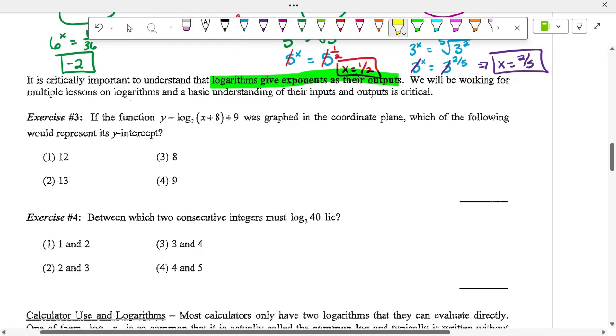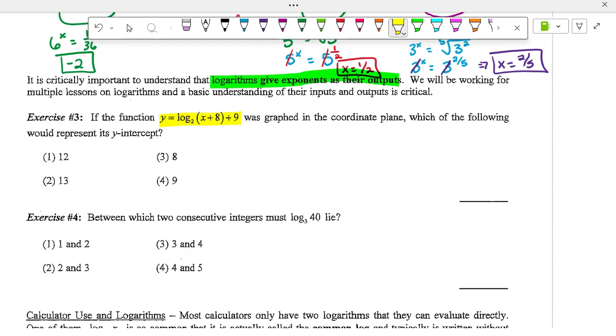Now, if the function is this, which of the following would represent its y-intercept? So when it comes to a logarithm, you could graph that in Desmos and get it.